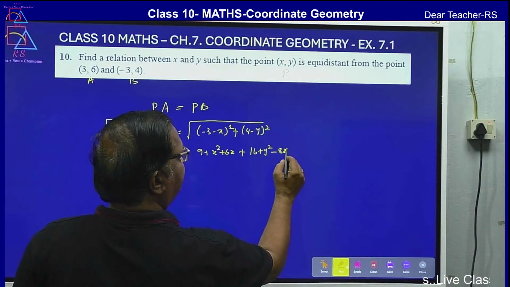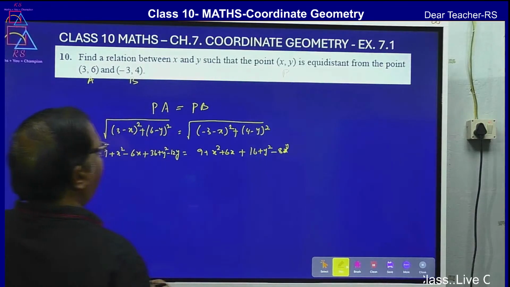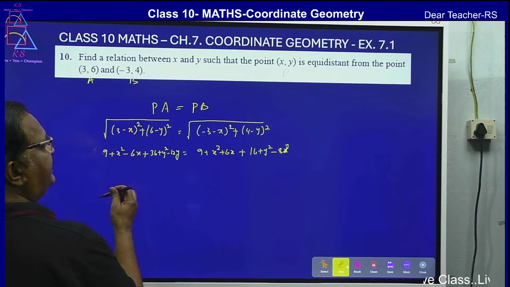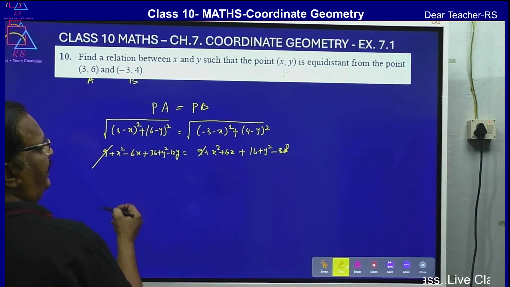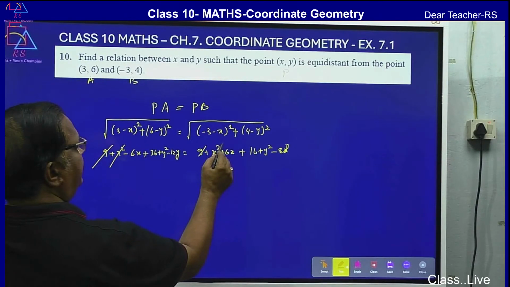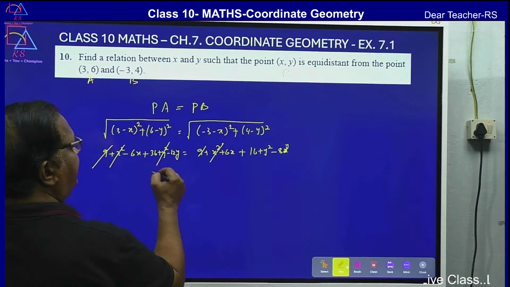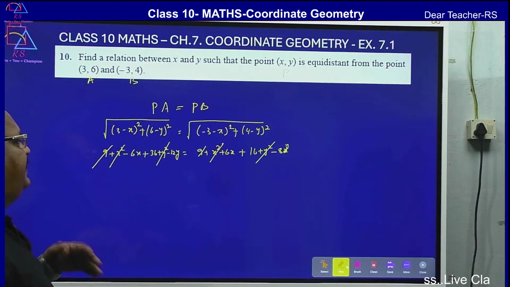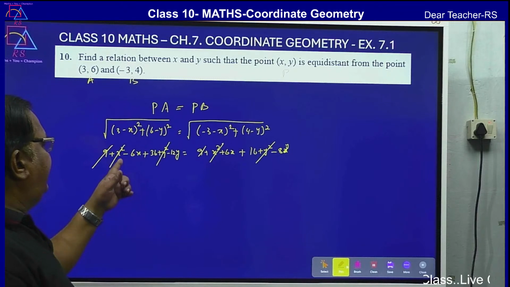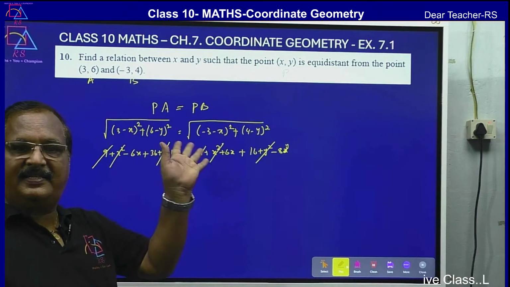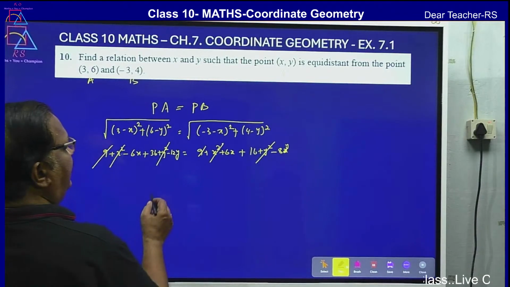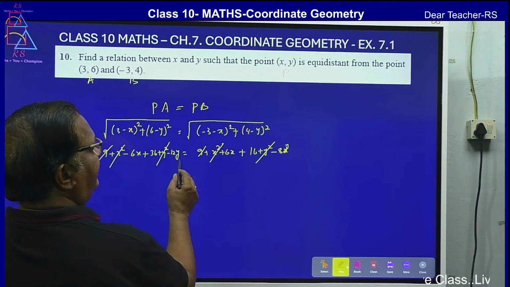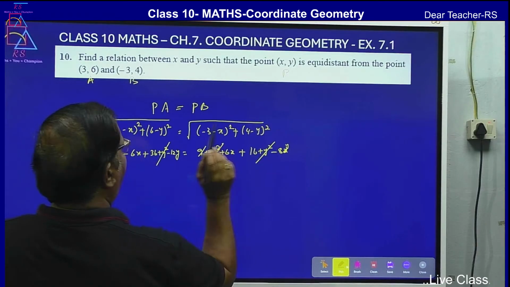Okay, this is y. So now roots on both sides, whatever is the same you can cancel. 9 is 9 same, x square is also same, and y square also you can cancel. Whatever same is there you can cancel it. Here minus 6x and here plus 6x, they are not the same, you cannot cancel them. And minus 12y and here 8y, they are not cancelled.